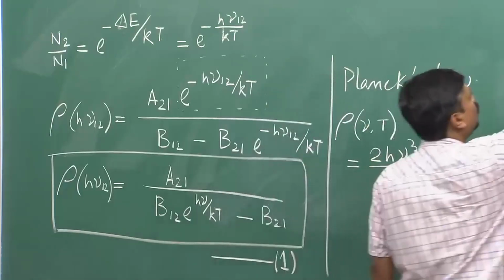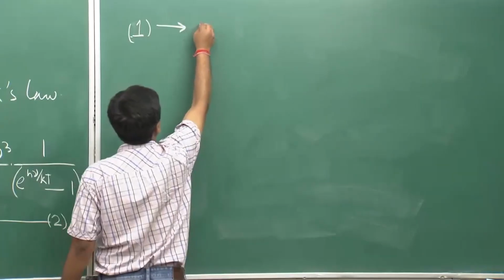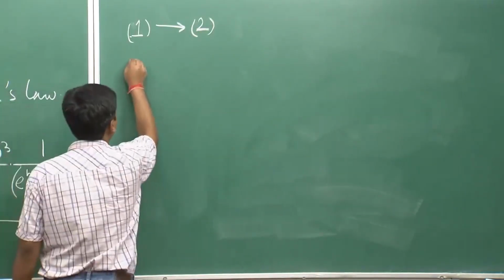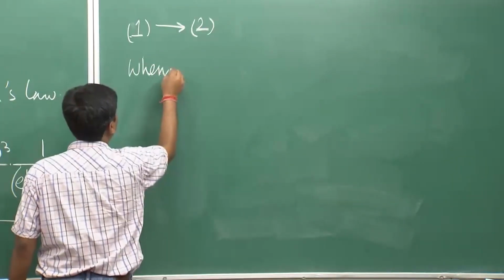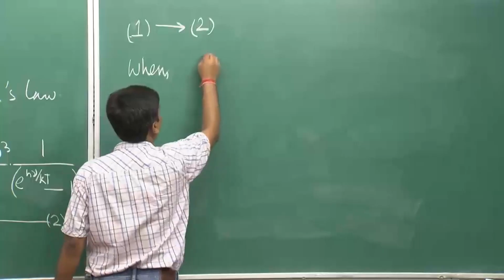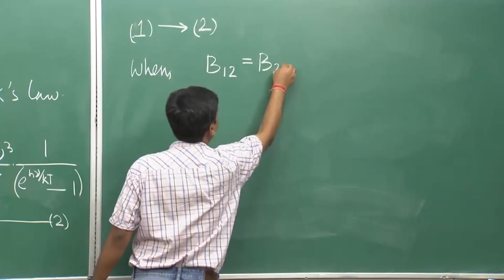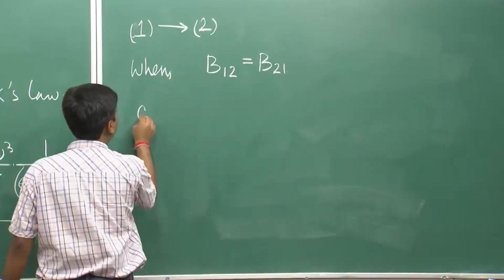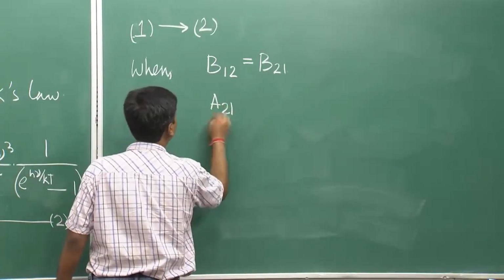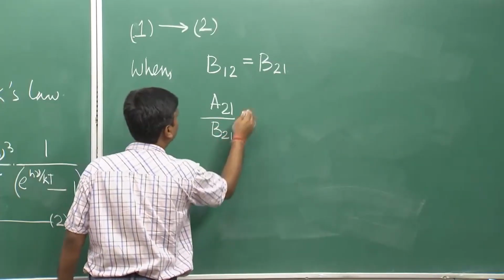Then 1 goes over to the form 2 when B 1 2 is equal to B 2 1 and A 2 1 divided by, say, B 2 1 is equal to 2 h nu cube by c square.